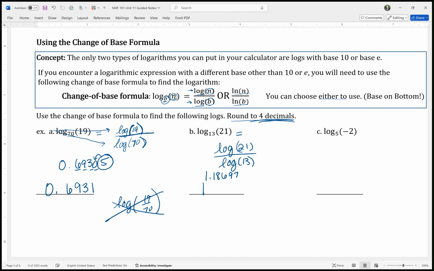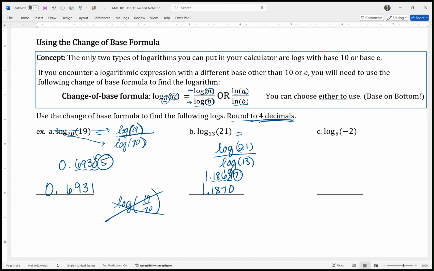And we are wanting to round to 4 decimals. So 1, 2, 3, 4. Look at the fifth. Now, how do we round a 9 up? Okay, 7's definitely rounding the 9 up, so that means this is going to change to a 0, and you're going to carry the 1 here. So this will be 1.1870, and you really don't need that last 0. That's how that works out, okay?